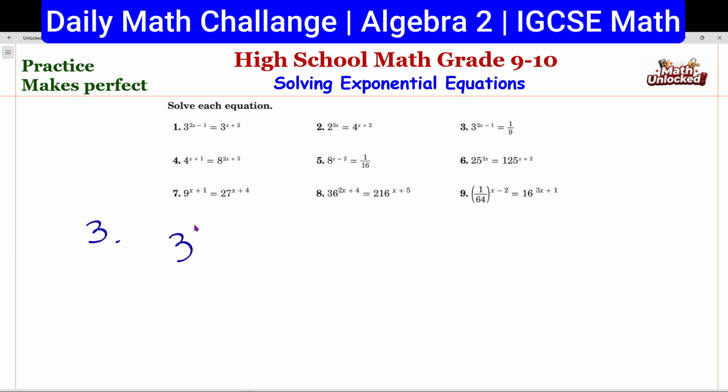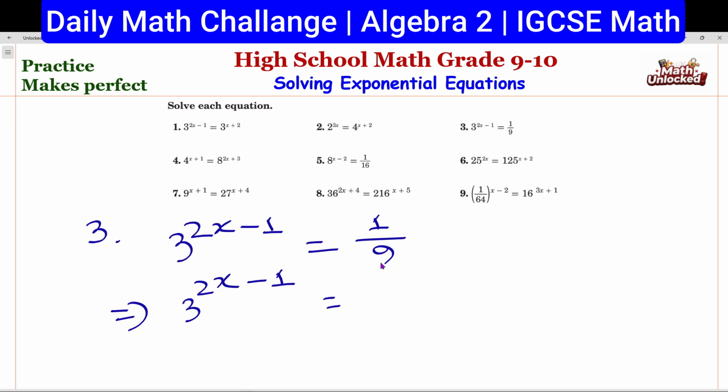3 to the power 2x minus 1 equals 1 divided by 9. So this one we can write 3 to the power 2x minus 1, and this 1 by 9 we can write 1 divided by 3 square.